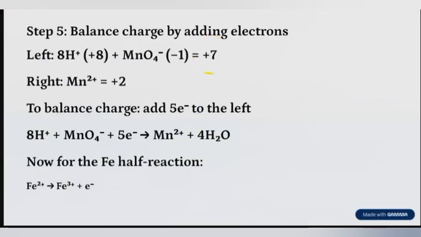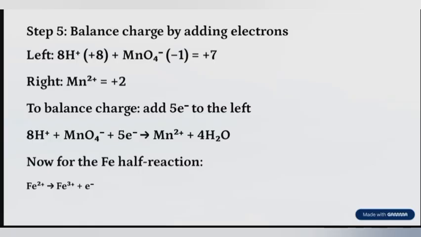So on the left-hand side of step 5, we have a question on 7. In that step 4, the right-hand side should be plus 2 plus 0, because water is 0; it has no charge.